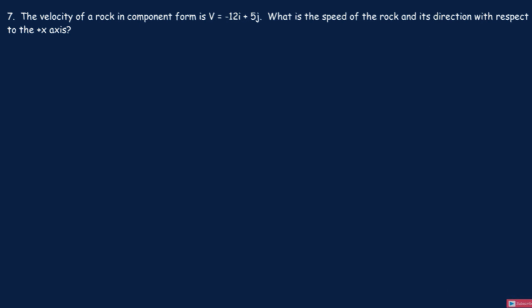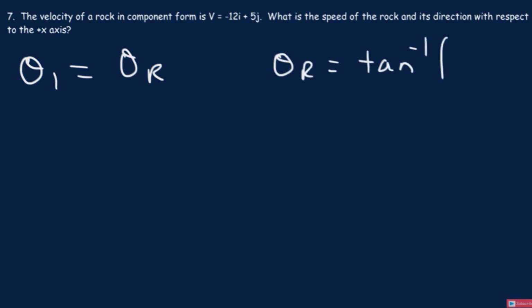Now, for this type of problem, whenever you need to find the angle, in quadrant 1 it is going to be equal to the reference angle, which you know how to find using this formula. Just make sure everything is positive.